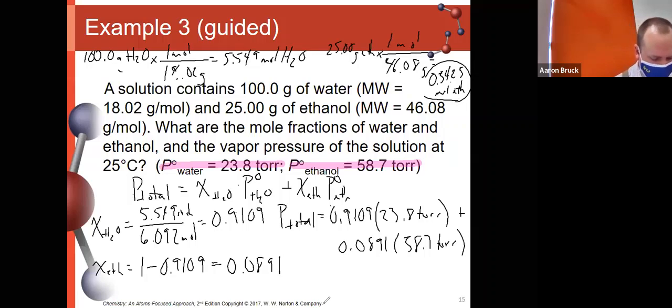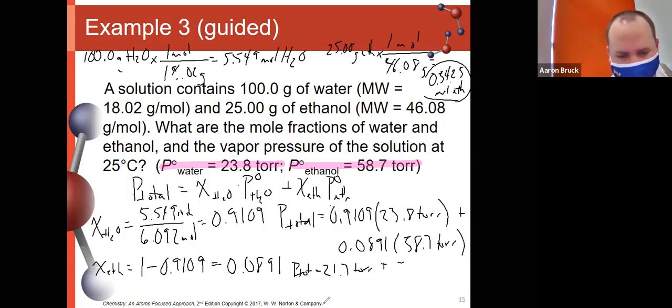So 0.9109 times 23.8 to 3 significant figures is 21.7 torr. 0.0891 times 58.7 is 5.23 torr.